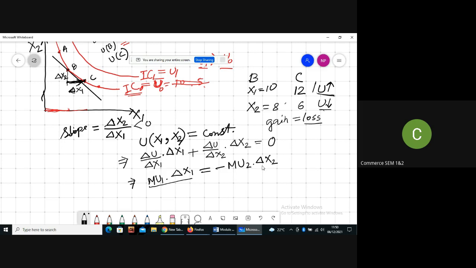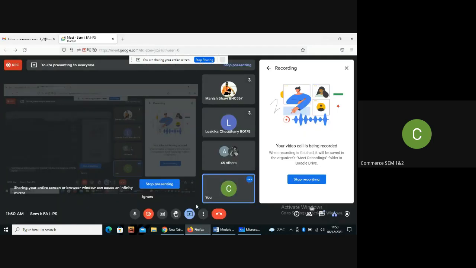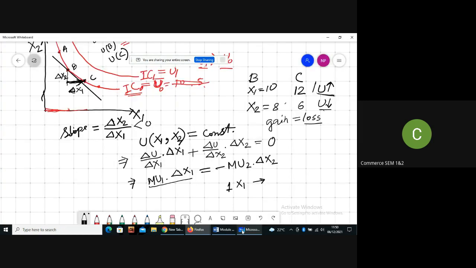So if the consumer increases 1 unit of consumption of commodity 1, how much extra utility does the consumer get?